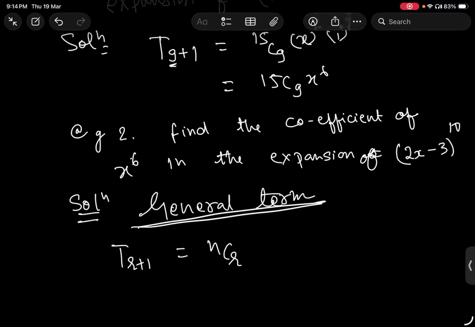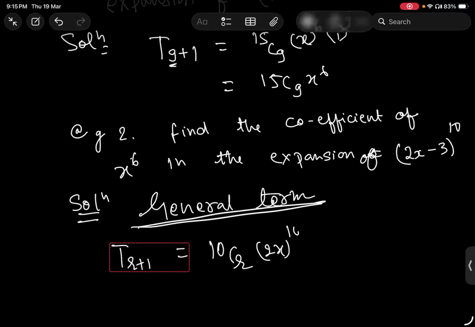So we have to take (-1)^r also. n is 10, so let us write this way: 10Cr (2x)^(10-r), and you can either take (-3)^r, or you can take 3^r and then (-1)^r, as you wish. So we can take (-3)^r.